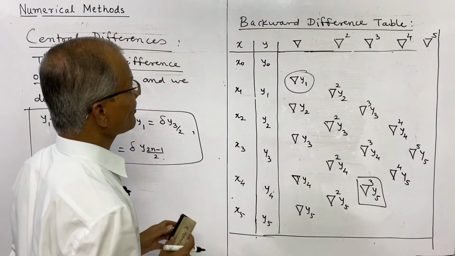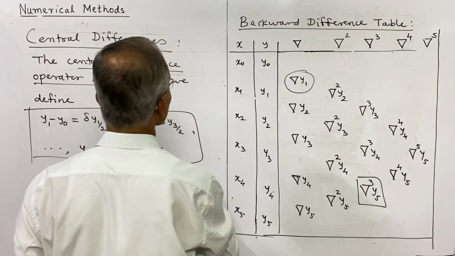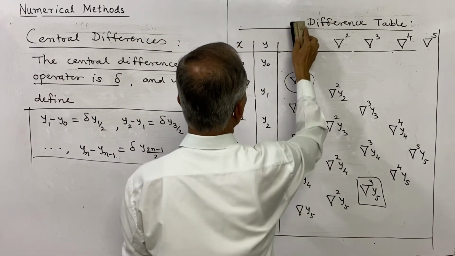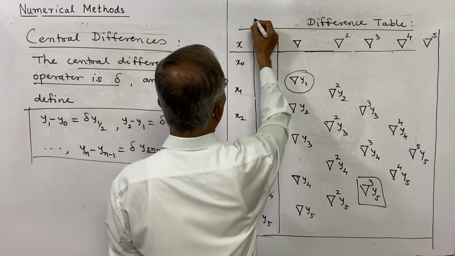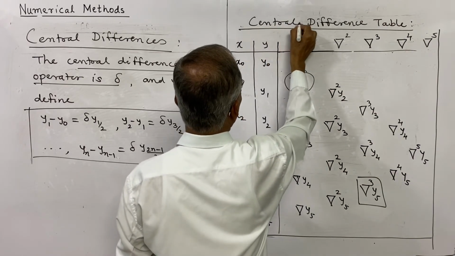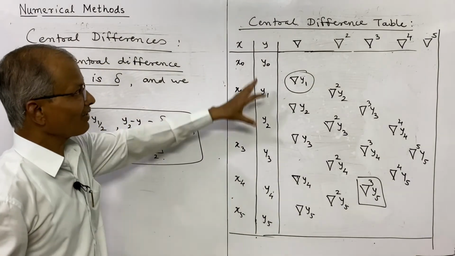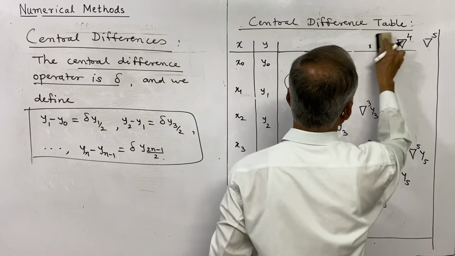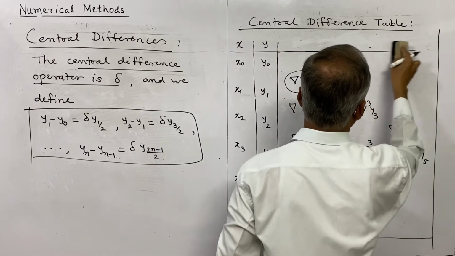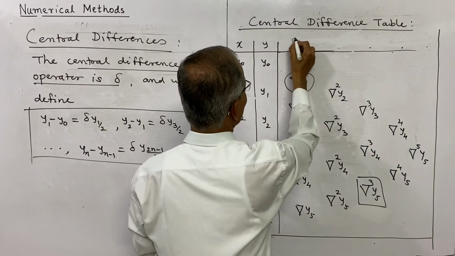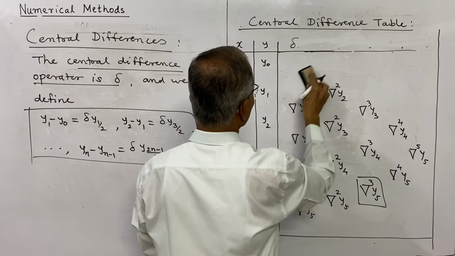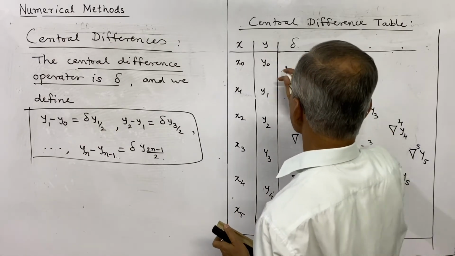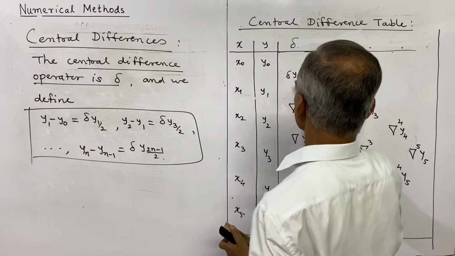Now we shall form a table for central differences, the central difference table. The values of x and y will remain the same. Instead of this del, we have to write small delta. Now you see y1 minus y0 is small delta y half. So this difference is small delta y half.